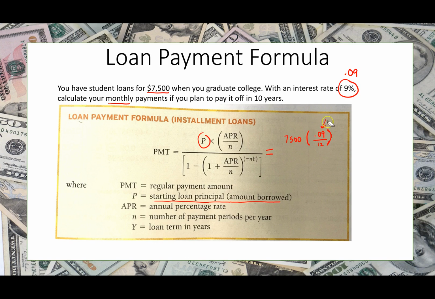All right, so now we're going to take this and we're going to divide. It's going to get a little bit big here. So we've got 1 minus parentheses 1 plus APR, which again is 0.09, divided by my N, which is 12, because I'm paying this every month, to the exponent of negative N, so that would be negative 12 times the number of years we're taking to pay back.